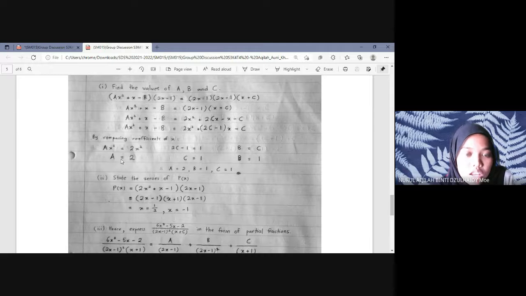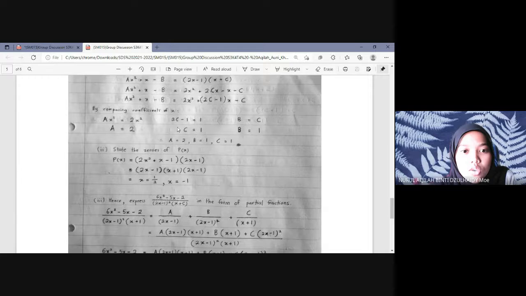So I used comparing coefficients of x squared, and then I compared ax squared with 2x squared, and then I've got a equals 2. Then to find c I use 2c minus 1. I compare it with the coefficient of x, which is 1, so 2c minus 1 equals 1, and I got the value of c, which is 1.